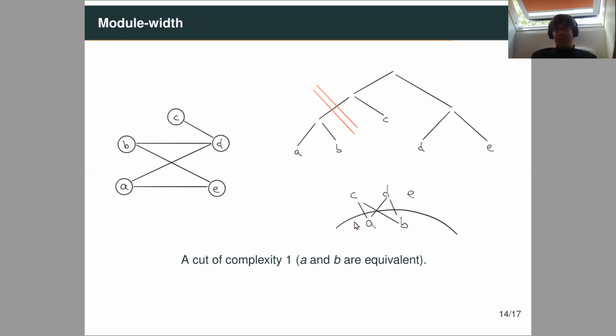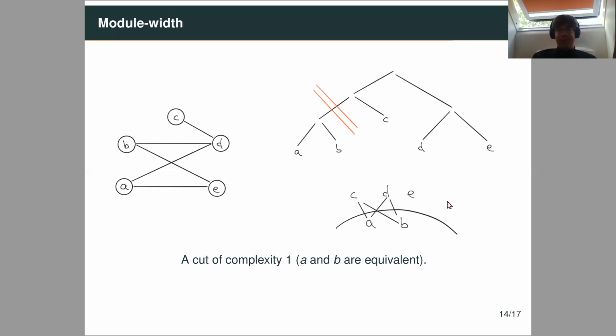And now we measure the complexity of the cut in the following way. We say that two vertices in the graph below are equivalent if they have the same neighbors on the outside. And then the complexity of the cut is just the number of equivalence classes in this equivalence relation. So here, this complexity is 1 because the vertices A and B are equivalent, right?